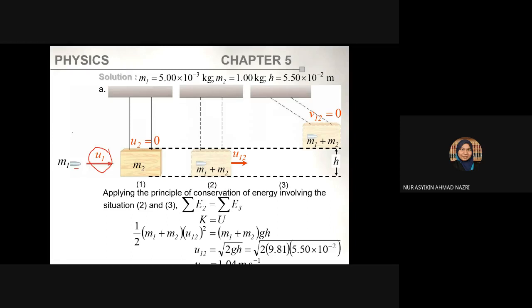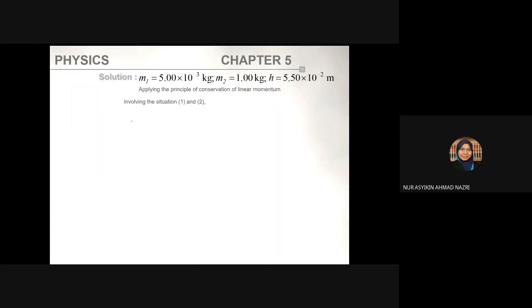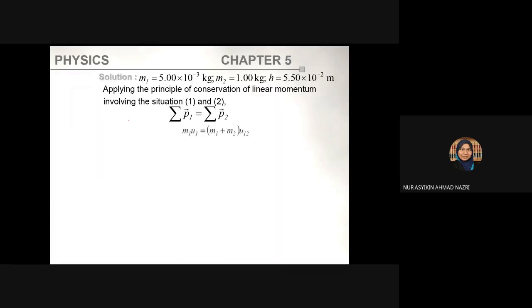So then from here, how can we use this information to find this velocity? We can use the conservation of momentum. So when we go into the momentum equation, and this is an inelastic case, then at last there will be one velocity, which is the velocity that we found from the conservation of energy just now, and we substitute it into this equation.